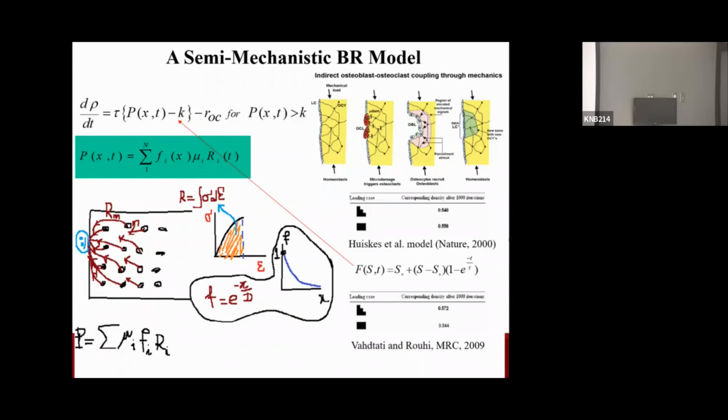Its signal is R. Let's say for osteocyte i it is R_i. This is the mechanosensitivity of osteocyte i. We call this function a spatial exponent. Let me forget about the name. This means that by increasing the distance from this osteocyte, the signal sent would decay exponentially.